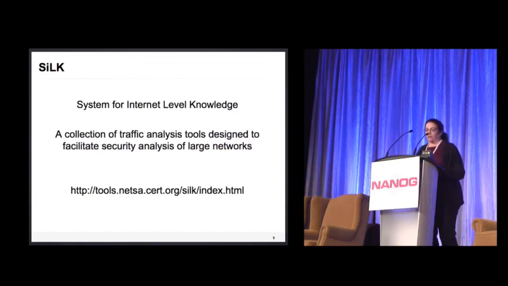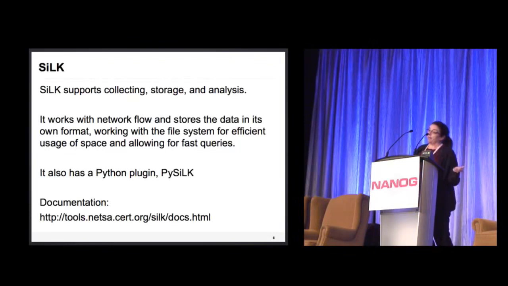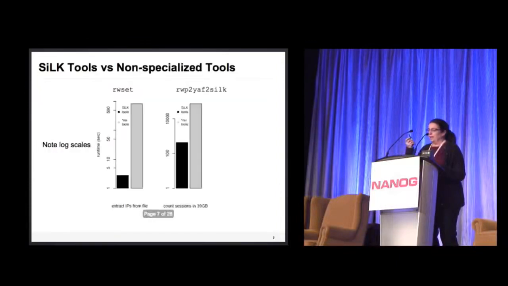It's available at the URL at Tools. It supports collecting, storage, analysis, and it works with IPFix. And there's also a Python plugin, PySilk. I promised I would mention it, so there you go. And it has lots of documentation. And did I mention it's really fast?